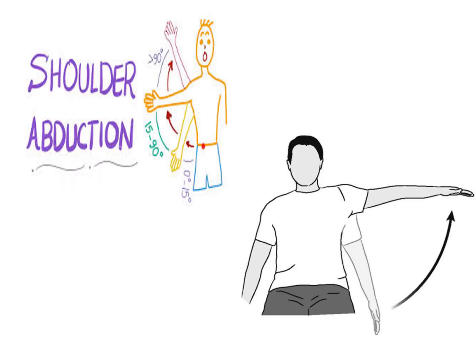So let's see. I'll just talk about shoulder, because this is easier for you to understand in a class happening on PPTs. So you see the shoulder abduction. The patient can either sit or stand in anatomical position or a neutral position.